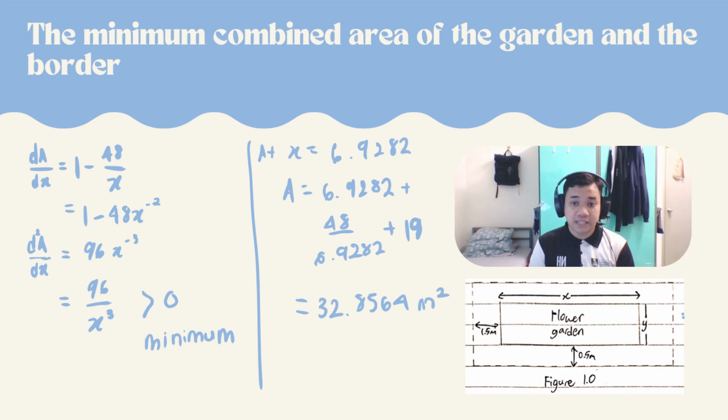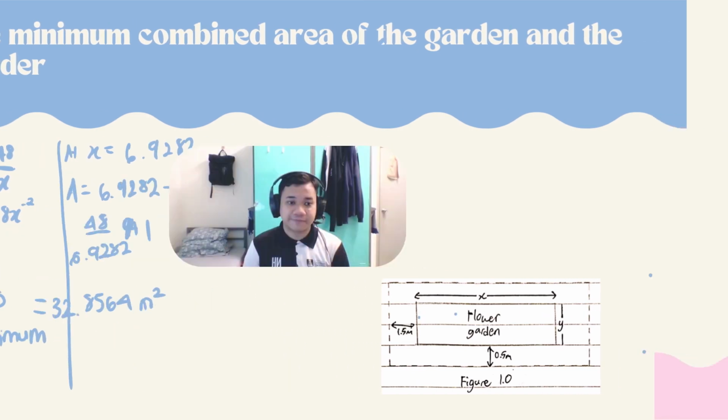So from x, that is 6.9282, we can substitute it into the area. So it will be 6.9282 plus 48 over 6.9282 plus 19, and we will get 32.8564 meters squared.